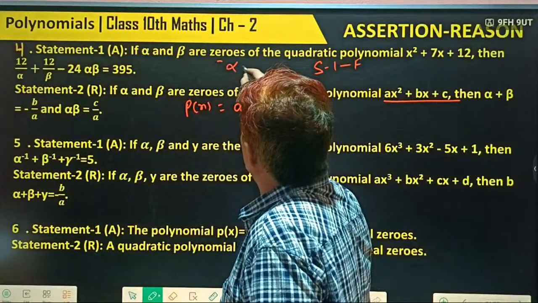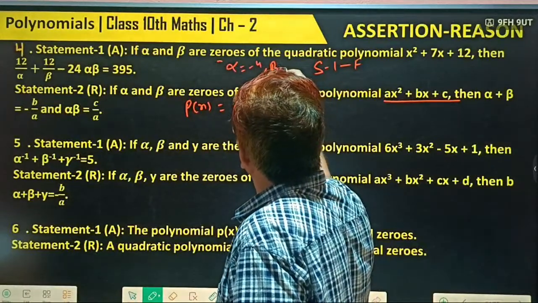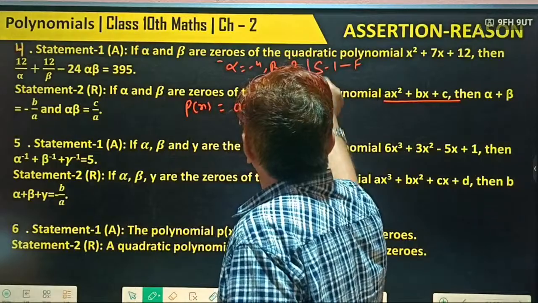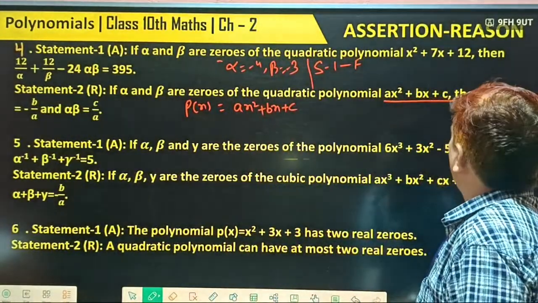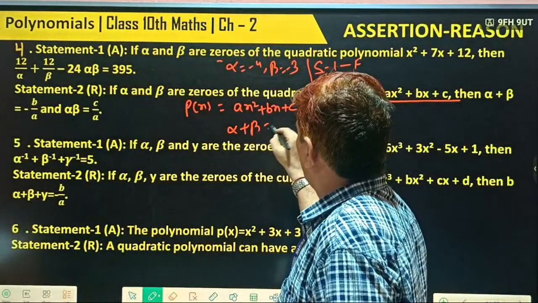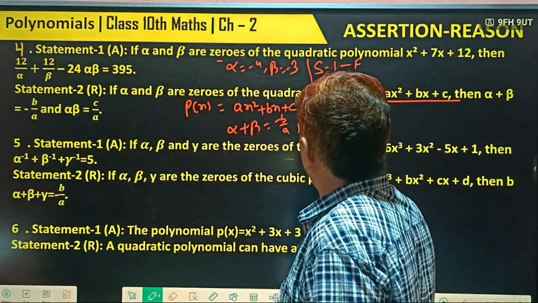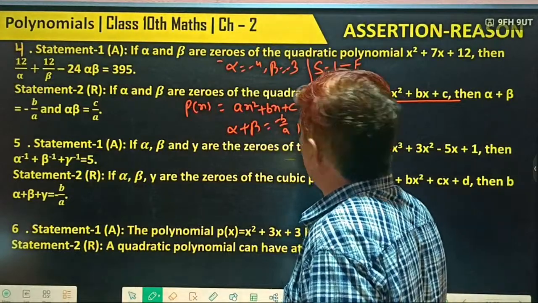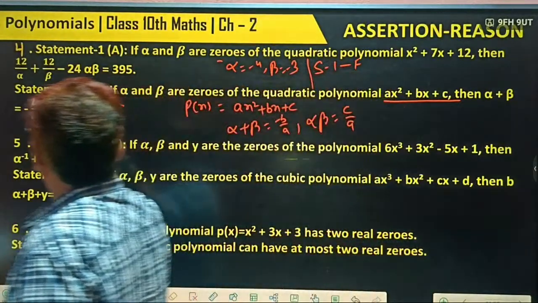And alpha equal to minus 4 and beta equal to minus 3. So sum of the roots alpha plus beta equal to minus b by a, alpha beta equal to c by a. What's given? This same is given.